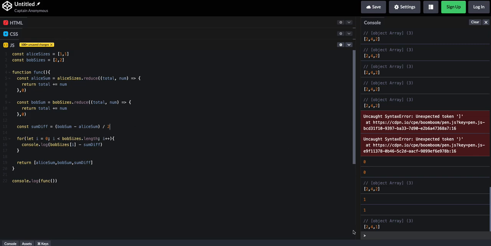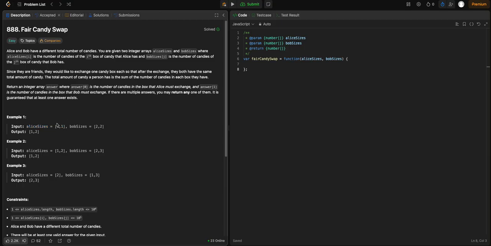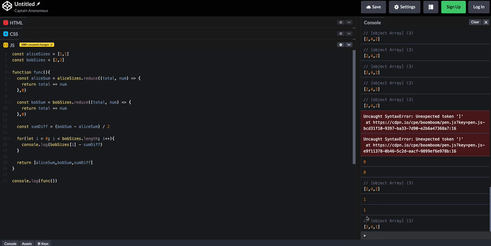So now sum diff is 1, and now we're going to get 1, 1. Well, look what our answer is. 1, 2, right? So there's the numbers we need, right? 1 and 2. That's what we're looking for.